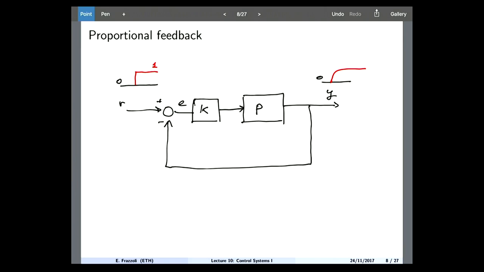How can I do that? If this is E, what is this signal here? This would be KE. What would be the steady state value of this signal here?